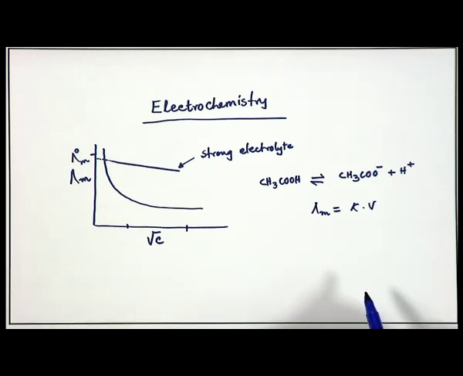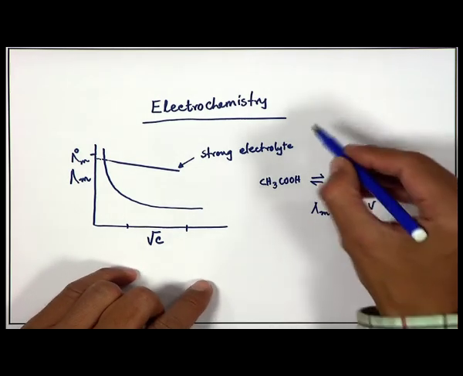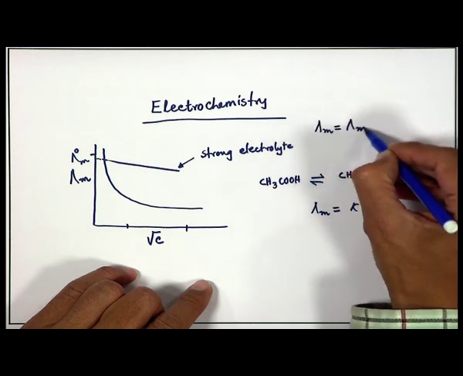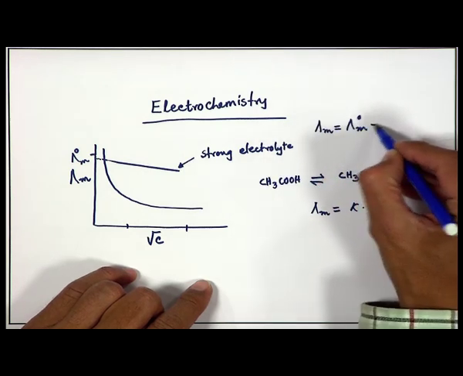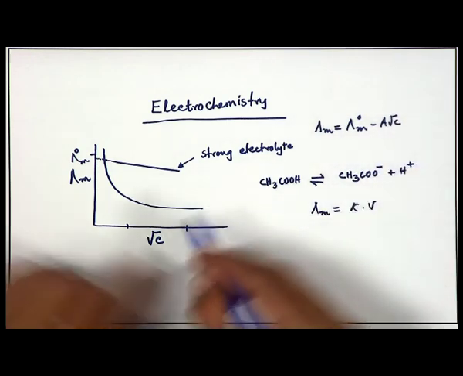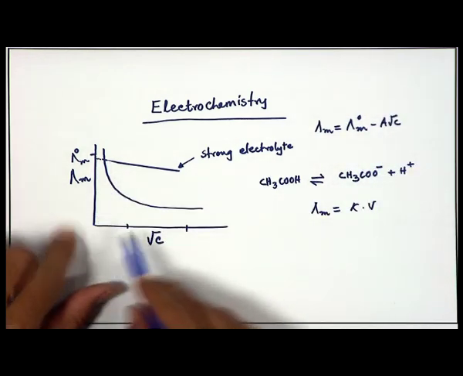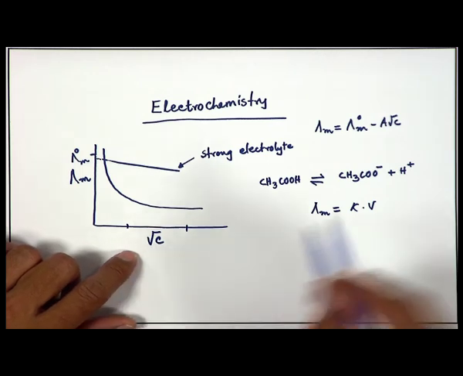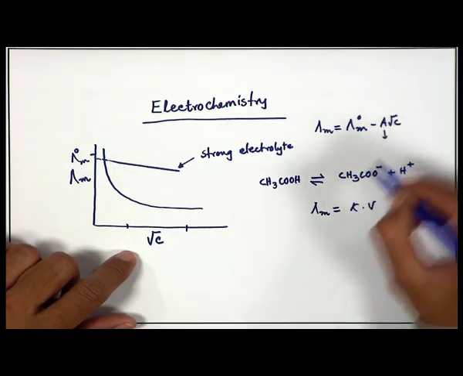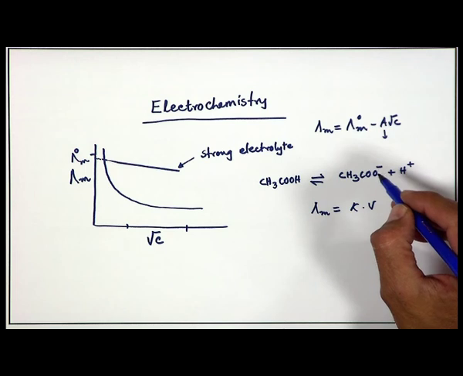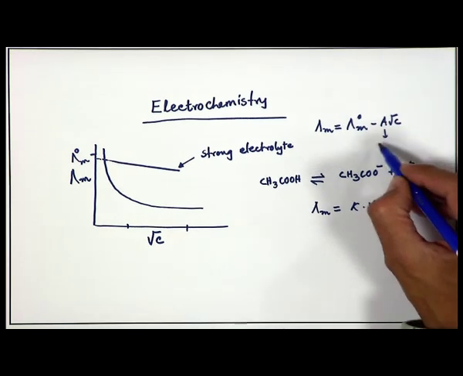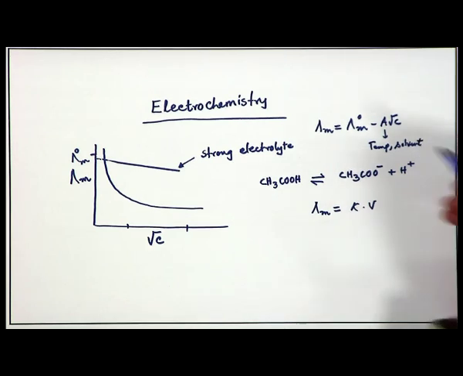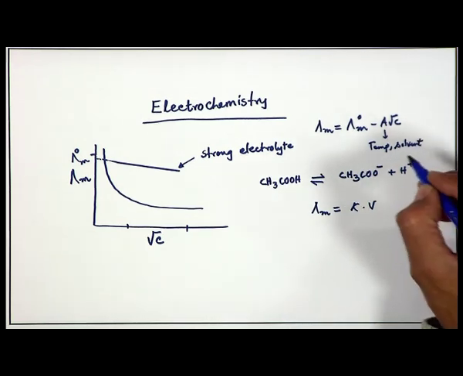Incidentally, you can express this lambda m for strong electrolyte like this: lambda m is equal to lambda m 0 minus a square root of c. That is why we have used this plot, that is lambda m versus square root of concentration, where a is a constant which depends on temperature, then solvent, of course water in most of the cases, and electrolyte.